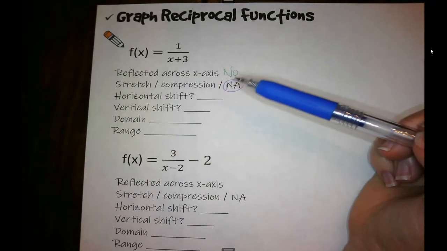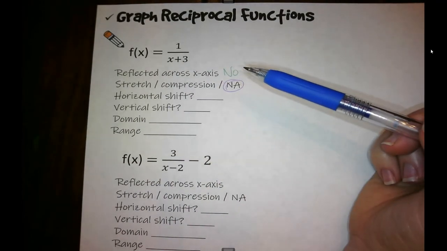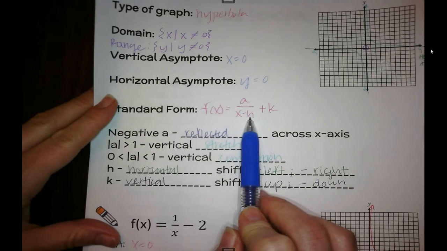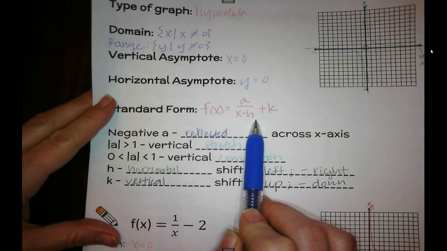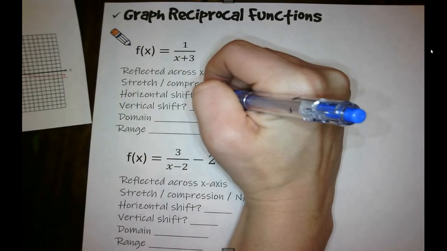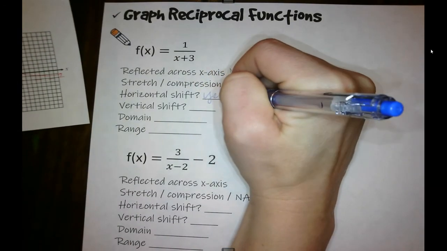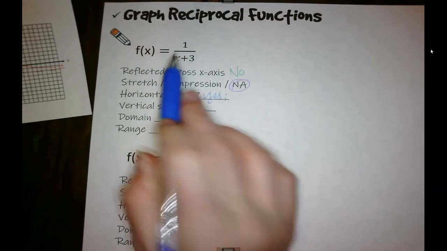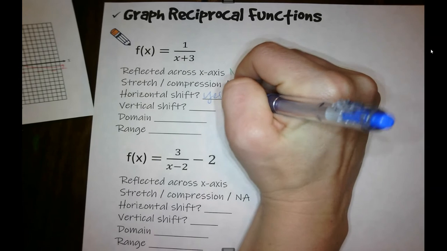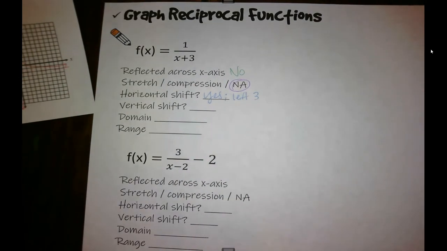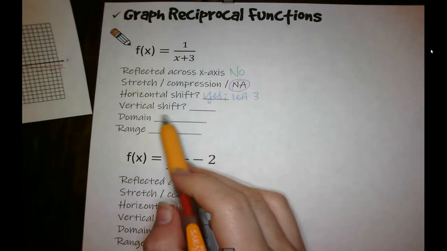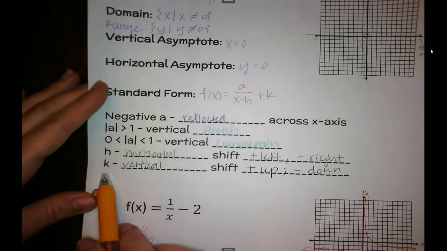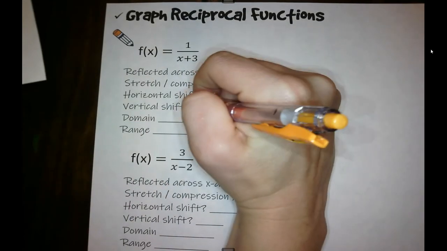Is there a horizontal shift? Horizontal shift is our H. Our H is the one with the x. Yes. And remember, this one lies, so it's plus 3, which means it goes to the left 3. Is there a vertical shift? Vertical shift is our K, and that's the number outside. There's no number outside, so no.